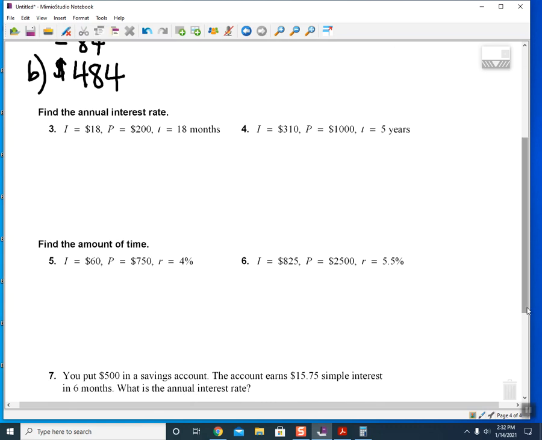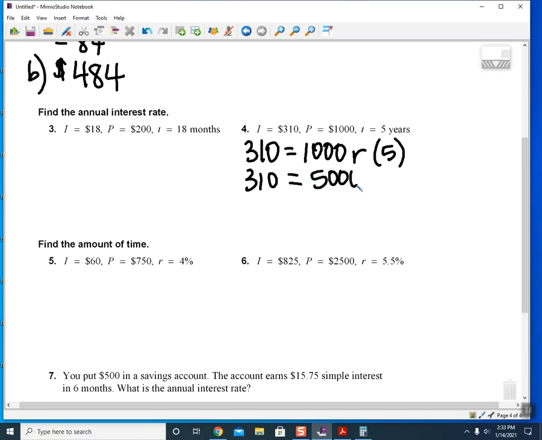Let's do one of these together. Now I'm looking for the annual interest rate. So I'm going to plug in what I know. My interest was $310. I'm going to do this number 4. My principal I know was $1,000. My rate I don't know. My time was 5 years. So I'm going to combine what I can combine. So 310 equals 5 times 1,000, which I just know is 5,000, and then I still have an R. To figure out what my rate is, I'll divide both sides by 5,000.